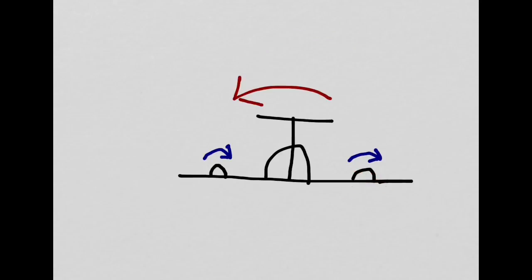Now let's say we lost the left engine. Since we lost the left engine, the aircraft essentially wants to yaw to the left due to asymmetrical thrust, and because the right engine is operating, it's creating that equal and opposite reaction, which is also making it roll to the left.